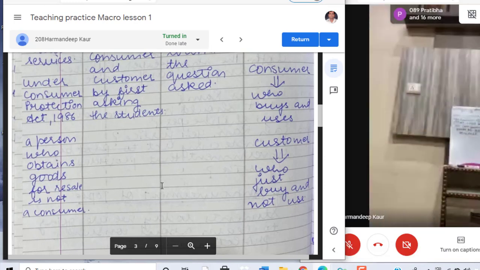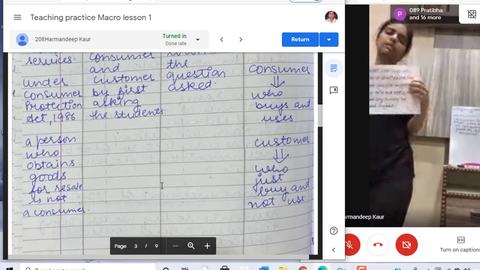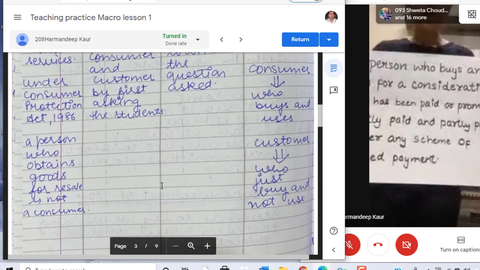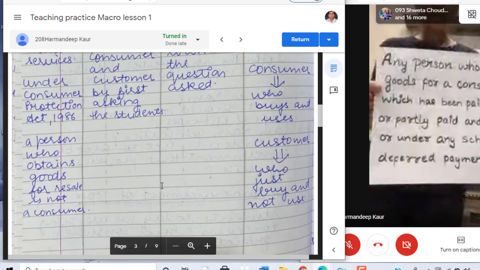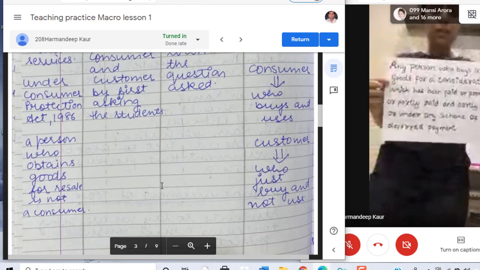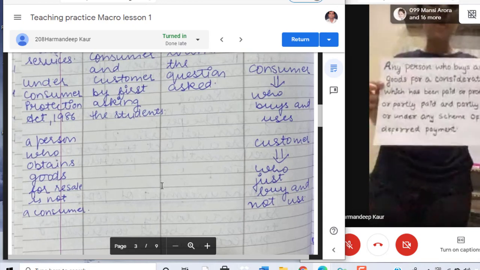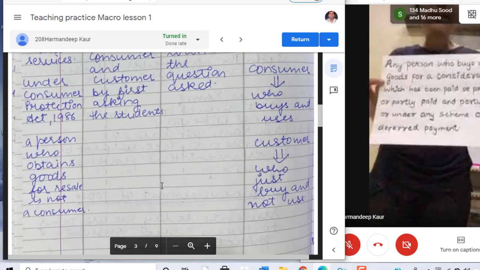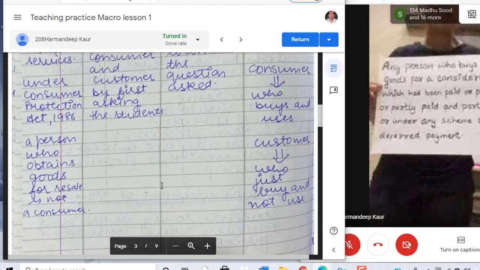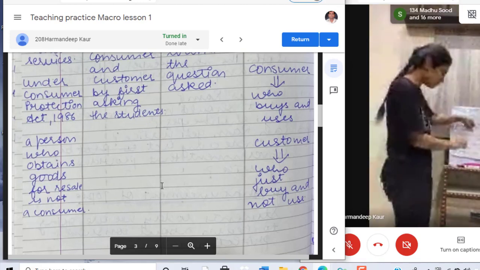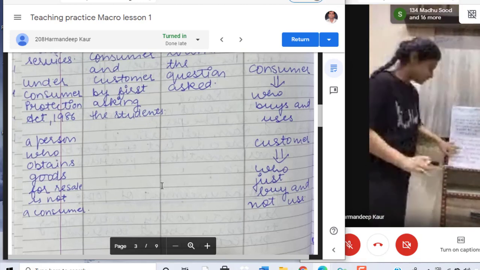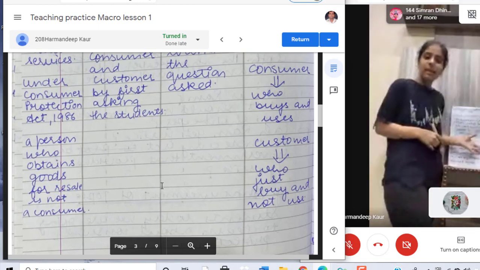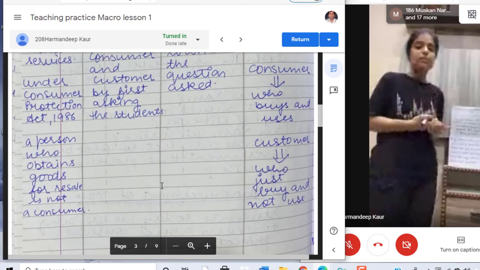But under the Consumer Protection Act, a consumer is any person who buys any goods for a consideration which has been paid or promised or partly paid or partly promised or under any scheme of deferred payment. Here, consideration can be money on the basis of which you are dealing, right?